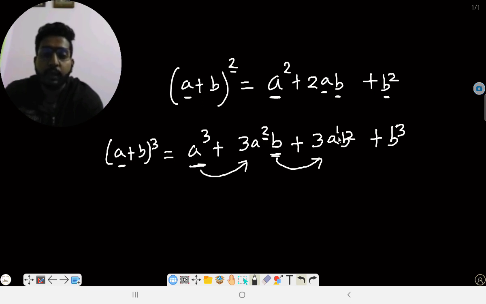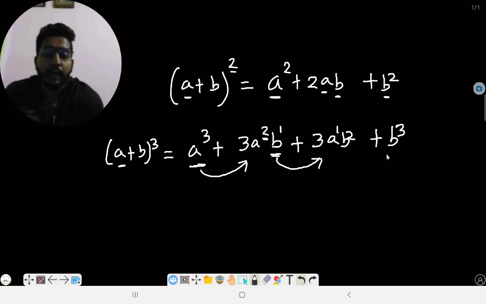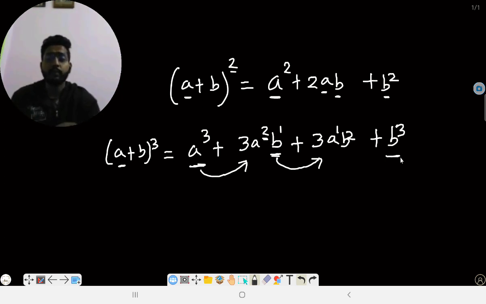And the power of b becomes 2, so the power of b is increasing. In the last step the power of a decreases again, meaning there is no a, and the power of b increases, so it is b to the power 3. So (a plus b) whole cube becomes like this.